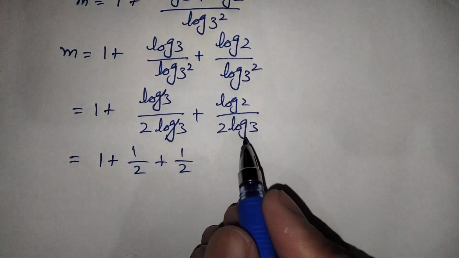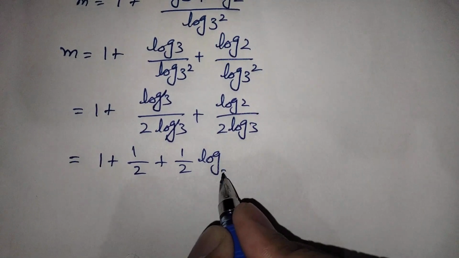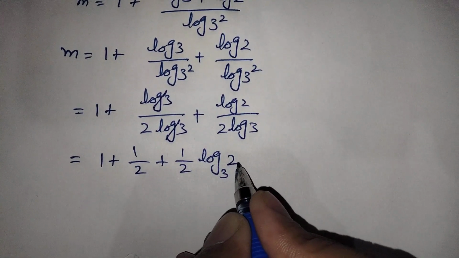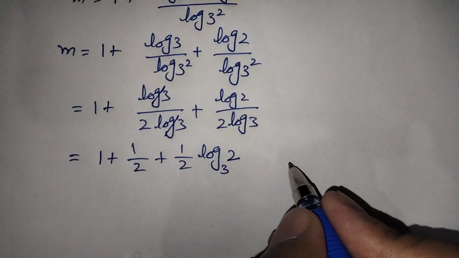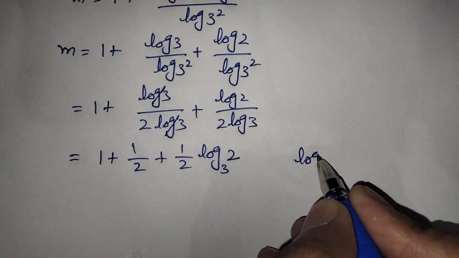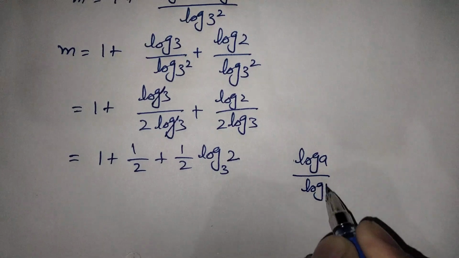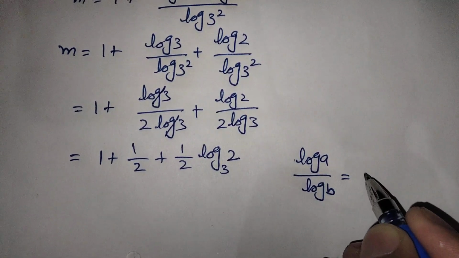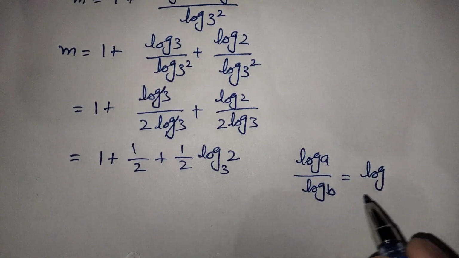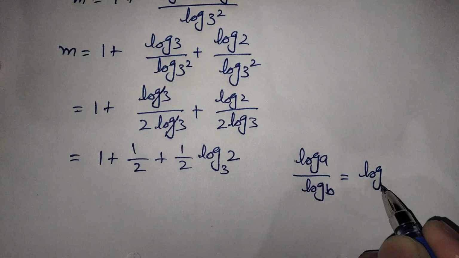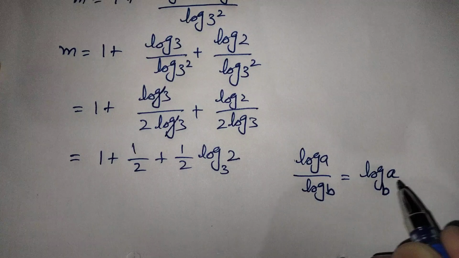This log of 2 over log of 3 can be written as log of 2 with base 3, according to the logarithmic formula which is given as log of a over log of b can be rewritten as a single log, where b will become the base of the log and a will remain the argument.